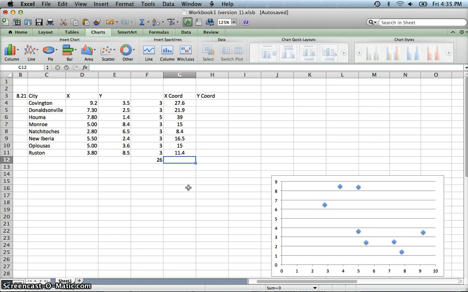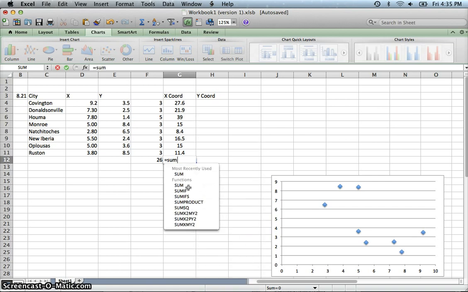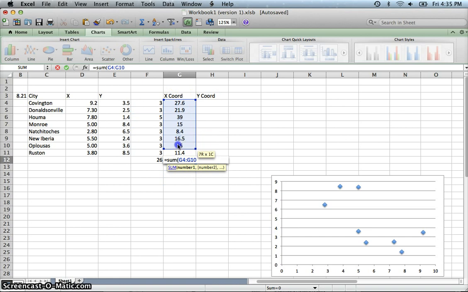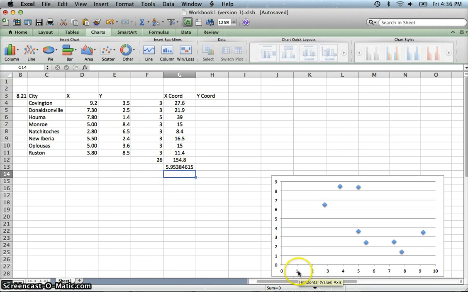So we've multiplied by the weight; let's add them up now. And then we will divide that total by the sum of the weights, and that will give us a weighted average. In regards to the x-axis, we should be about a 6.